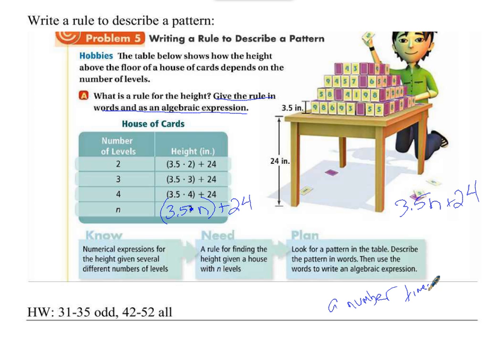So times 3.5. And what are we doing to a number times 3.5? Adding. So I don't have any room over here. Give me something that I could write out front to make that make sense. The sum of what? How about 24 and a number times 3.5, okay?